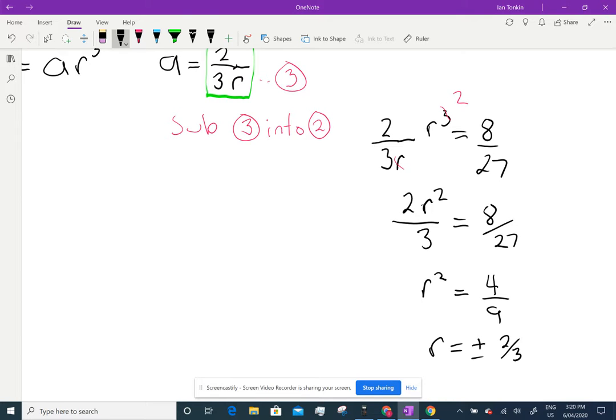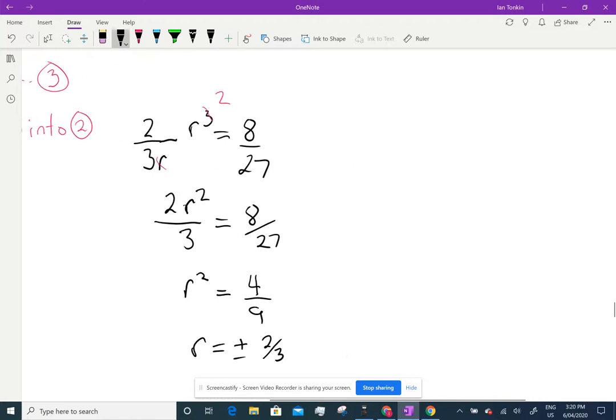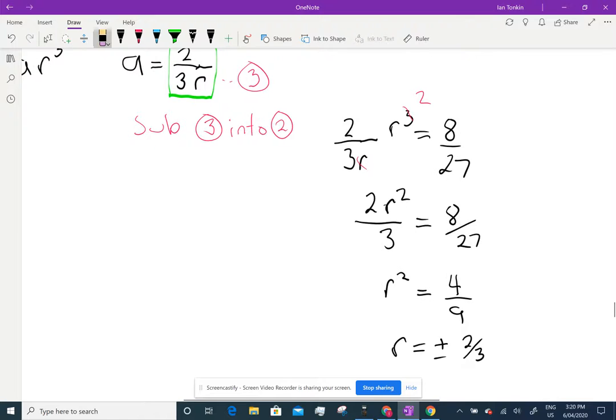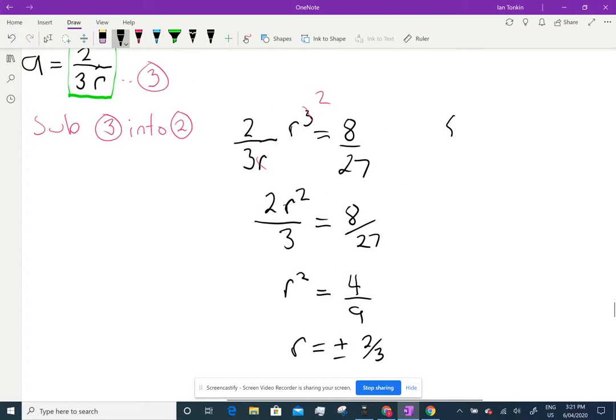And we'll get plus or minus 2/3. And once we've got plus or minus 2/3, we again plug that into either of these formulas. So we'll plug it in here to equation number 3. So sub r equals 2/3 into 3, and we get a equals 2/3 on 2/3. Oh, what do you do when you divide by a fraction?